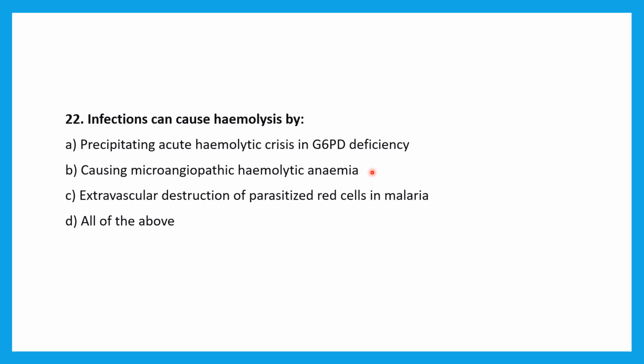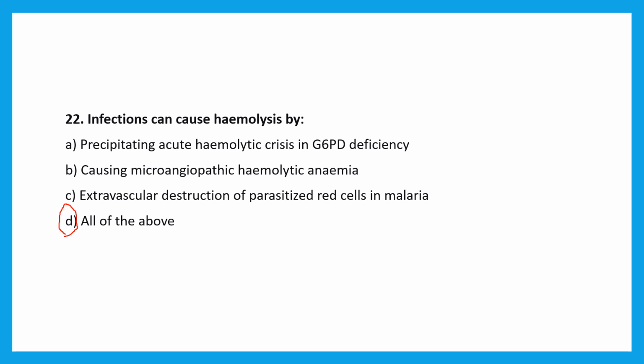Then extravascular destruction of parasitized red cells in malaria: yes, because look at the direct destruction. In malaria, the parasite replicates inside, and that eventually lyses the red blood cells. So the answer to 22 is all of the above.